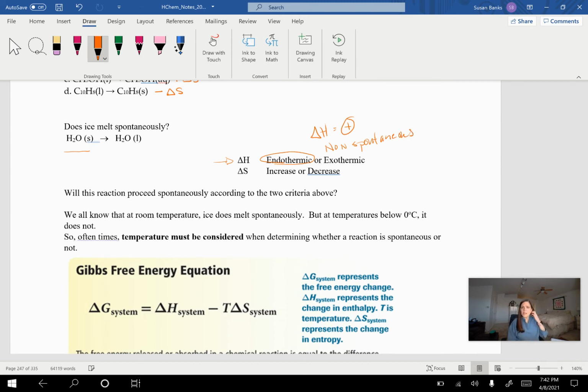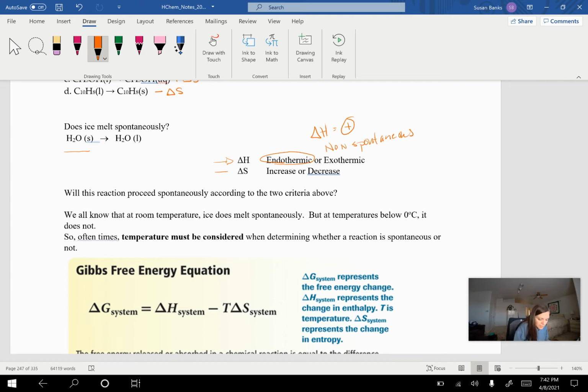Okay? Let's think about our entropy, though, not our enthalpy, but our entropy. As I take that ice from solid to liquid state, do I increase the chaos, or the disorder, of the system? I sure do. Liquid is a lot less orderly than solid.